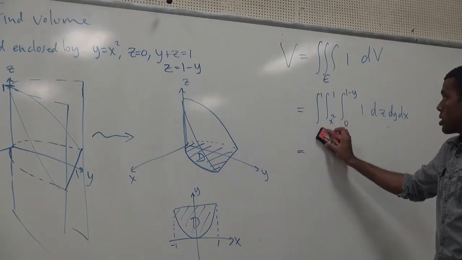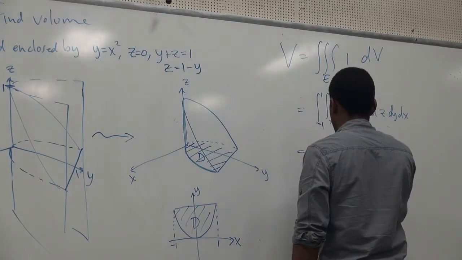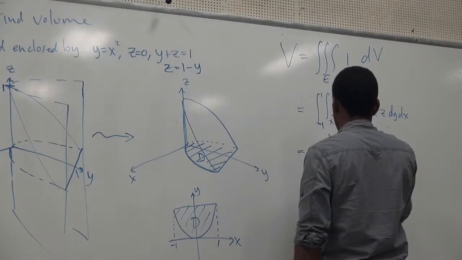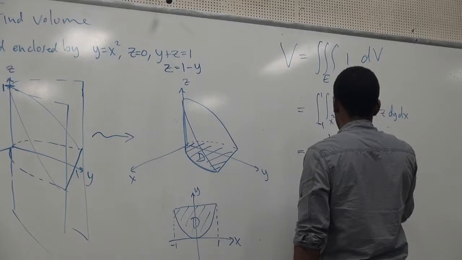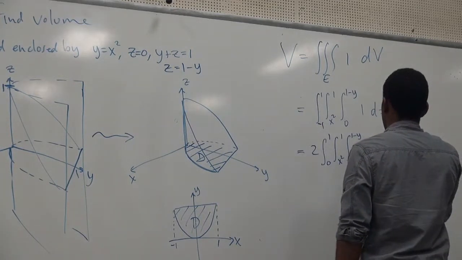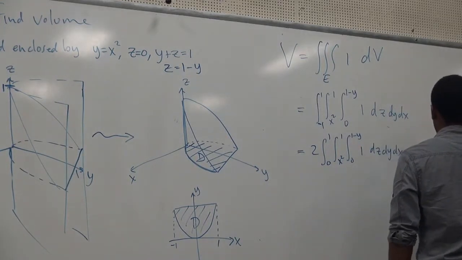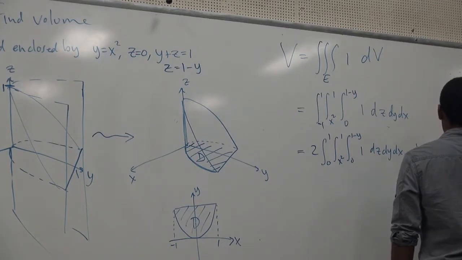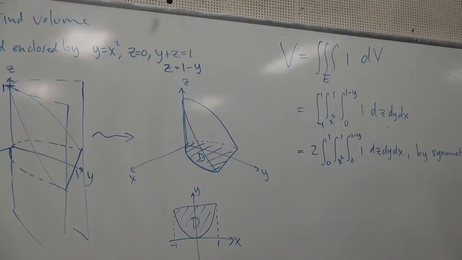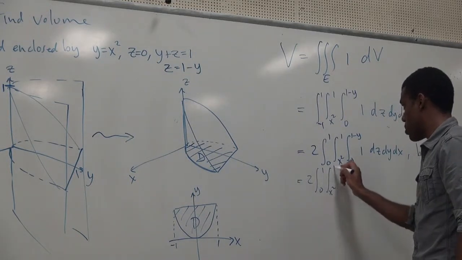Right, so let me write that. 2 times 0 to 1. Now, hopefully once we set this up, the rest won't be so bad. This is 2, 0 to 1, x squared up to 1.